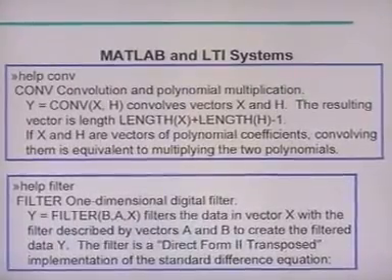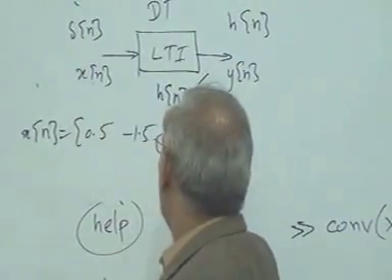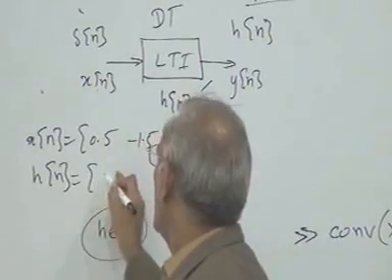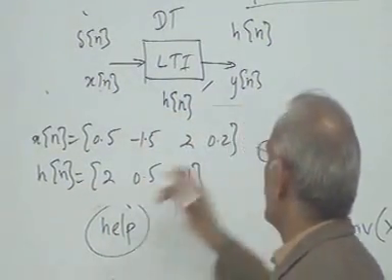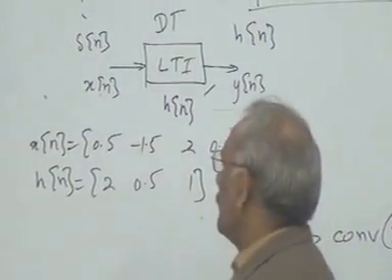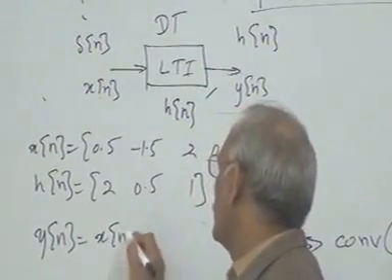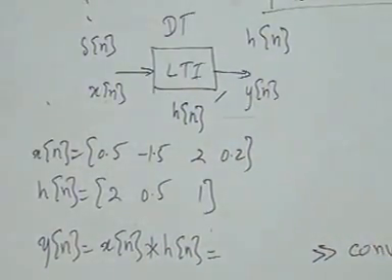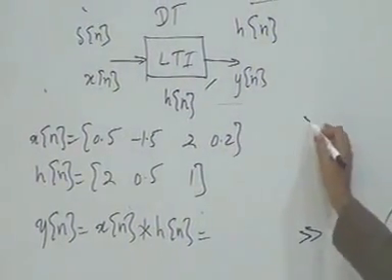So if x of n is given to us as 0.5, minus 1.5, 2 and 0.2, and h of n is given to us as, let's say, 2, 0.5, 1, something like this, and we are asked to compute y of n, we know that y of n is x of n convolved with h of n, and that will give you the answer.